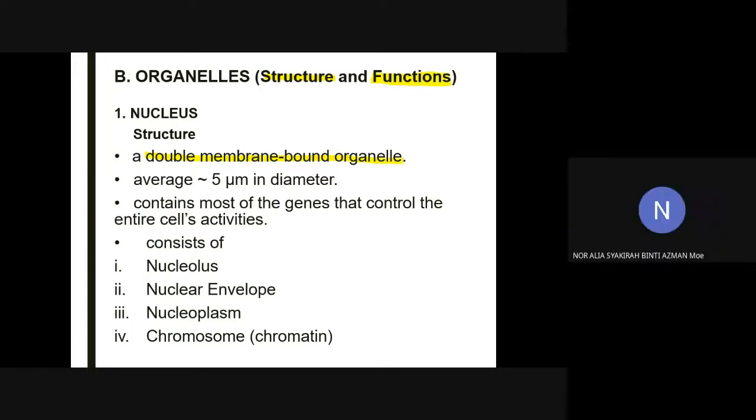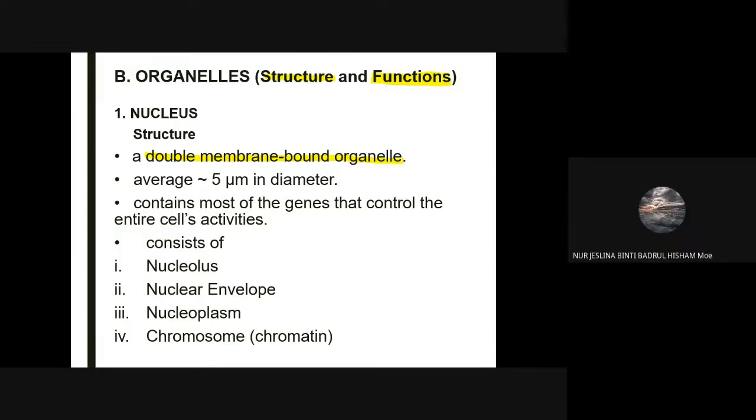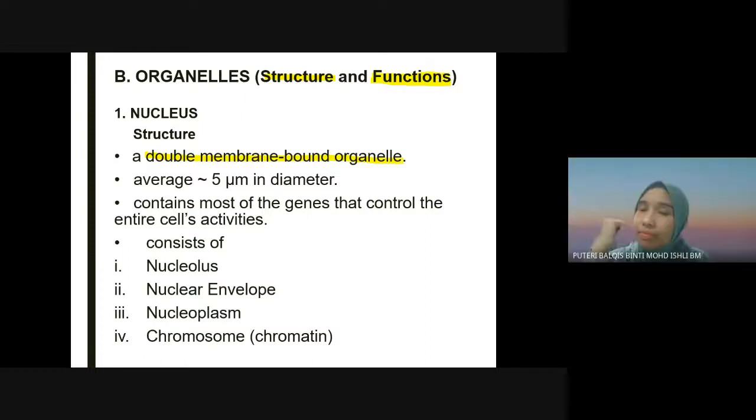Alia Syakira. Plasma membrane. Kan? Plasma membrane mana ada double membrane? Jaslina. Mitochondria. Very good. Mitochondria, nucleus. Lagi satu. Sarah Sofia.